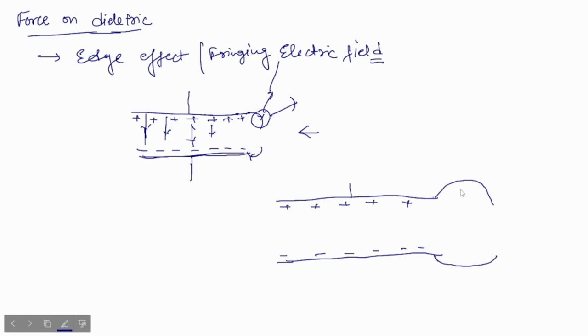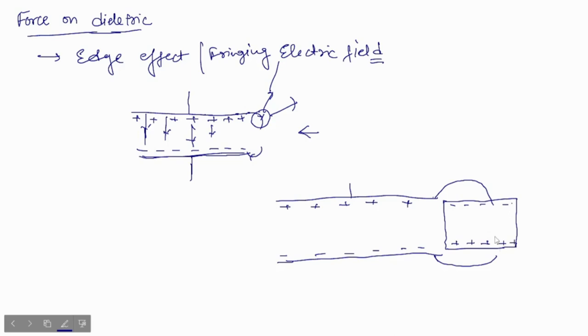Now suppose this is a dielectric slab which is placed near the surface. If this is a positive charge, then the charge induced on this part will be negative, and if this is a negative one, the charge induced will be positive.